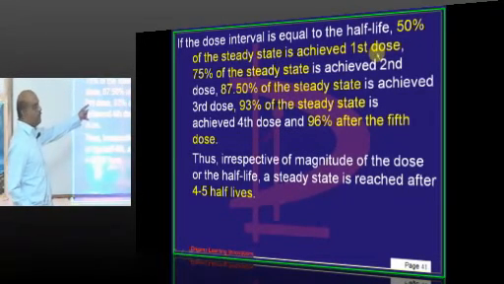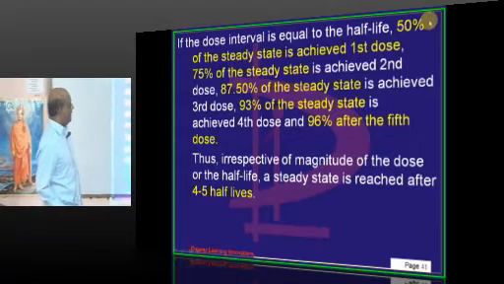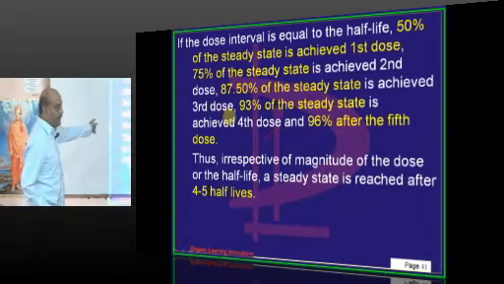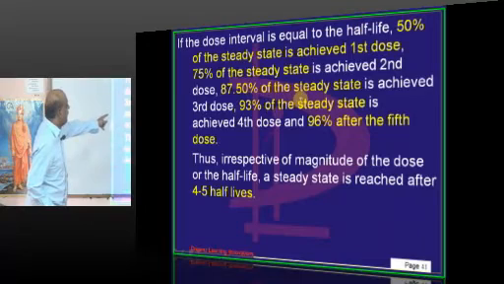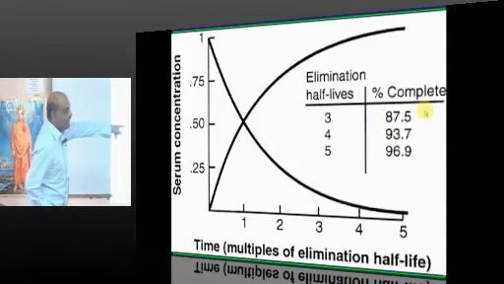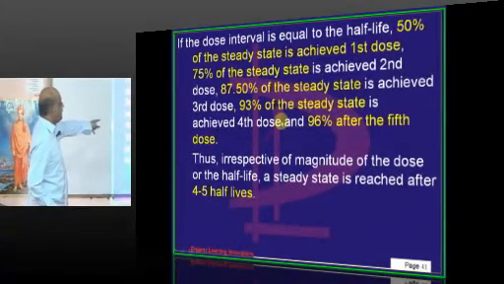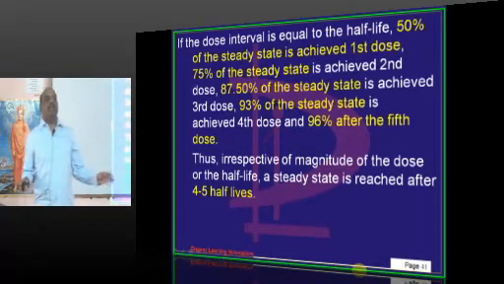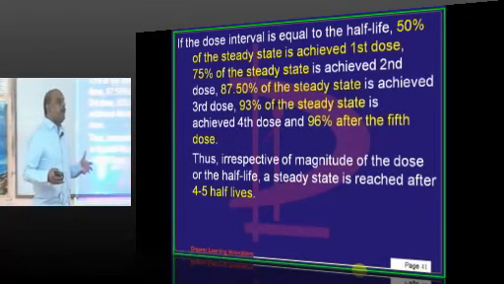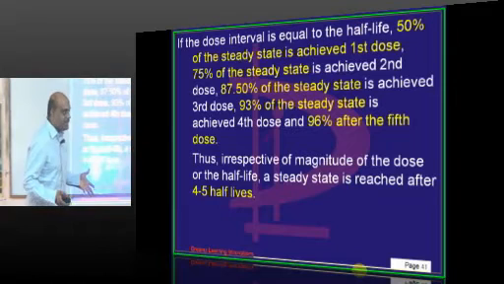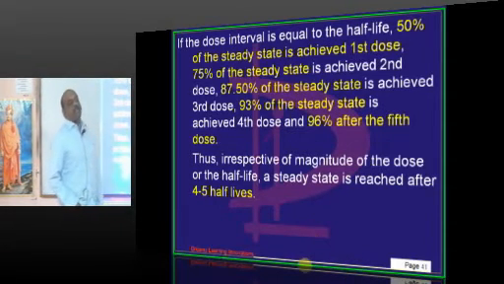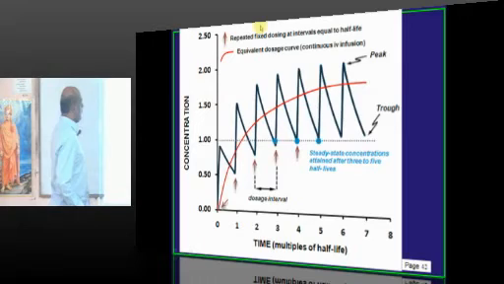With the first dose it reaches 50%, second dose it reaches 75%, third dose it reaches 87.5. Third dose is 87.5, 93% with the fourth dose and 96% with the fifth dose. That's the reason. What is the correct answer? When will it reach the optimum steady state concentration? After the passage of 4 to 5 elimination half-lives is what you have to ultimately remember, doctor.